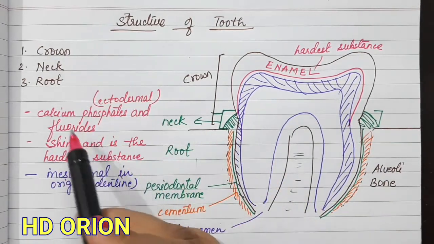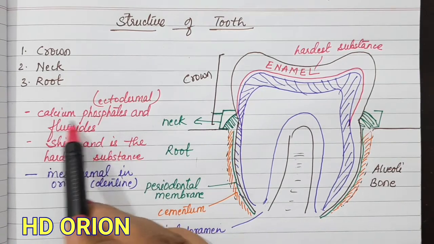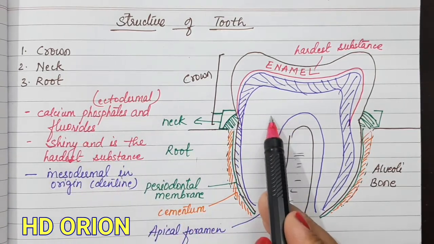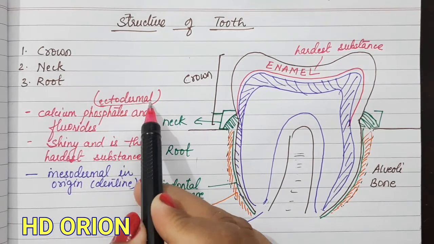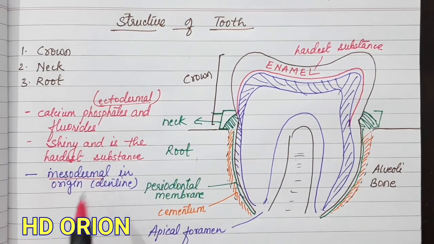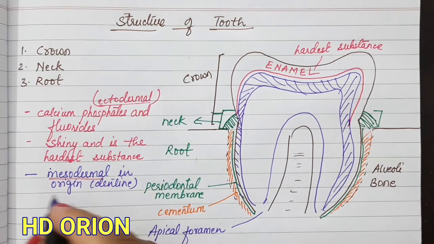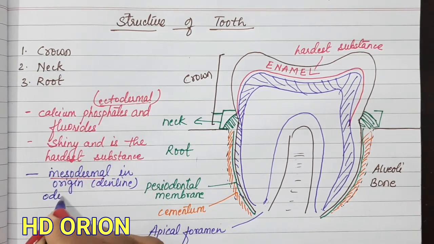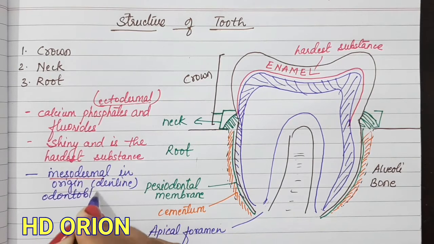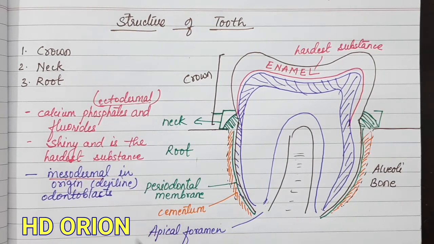So both of them are actually made up of salts of calcium, calcium phosphates and fluorides. So is the dentine. But enamel's origin is ectodermal and the dentine is mesodermal in origin. So who produces the dentine? There are certain cells called as odontoblasts. The odontoblasts produce the dentine.